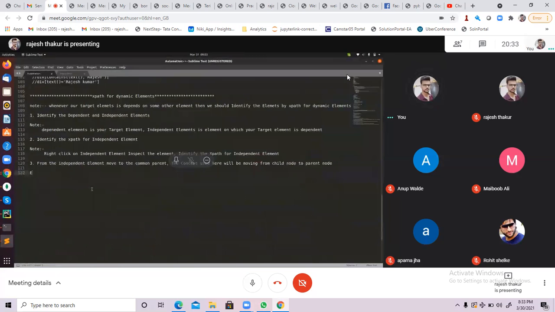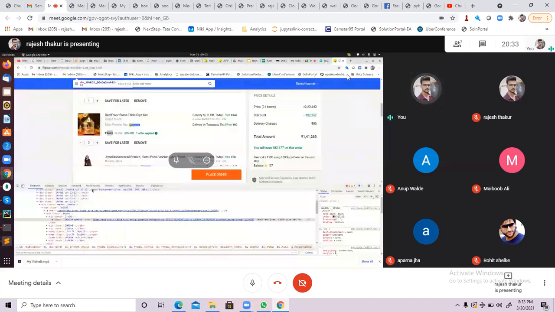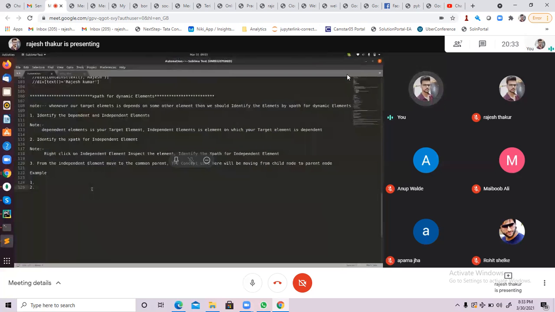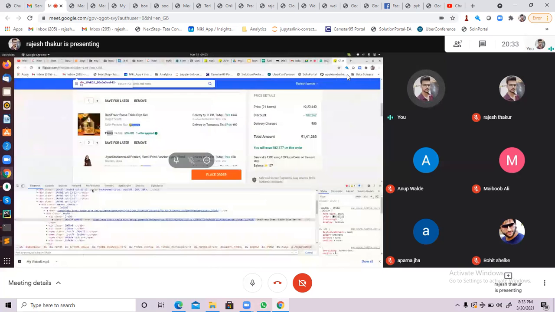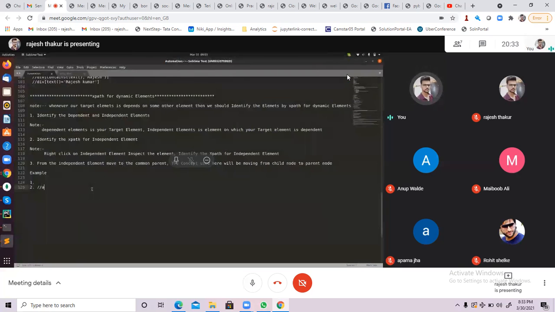Example. First number point we did. Second point, we are going to write an XPath for independent element. So what is the XPath? You can go with the text function. So what is the HTML tag? A tag is there, right? Double forward slash a, open bracket, contains function.